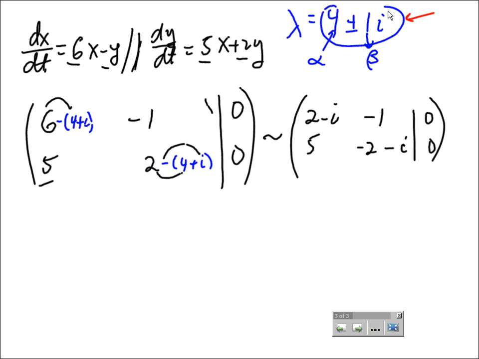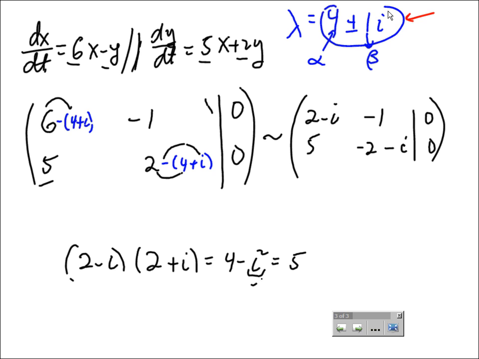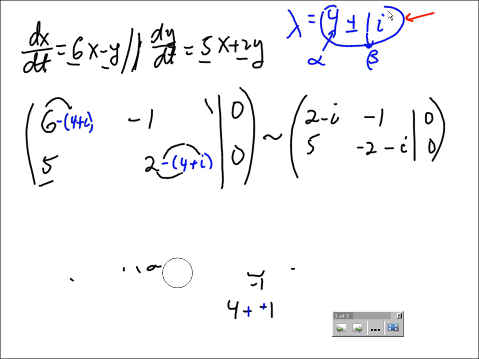Now, if you multiply the first row, 2 minus i, by 2 plus i, you'll get 2 squared minus i squared, which is 4 plus 1, because i squared is negative 1. So if I multiply the first row by 2 plus i, I'll get a 5 in the first position.